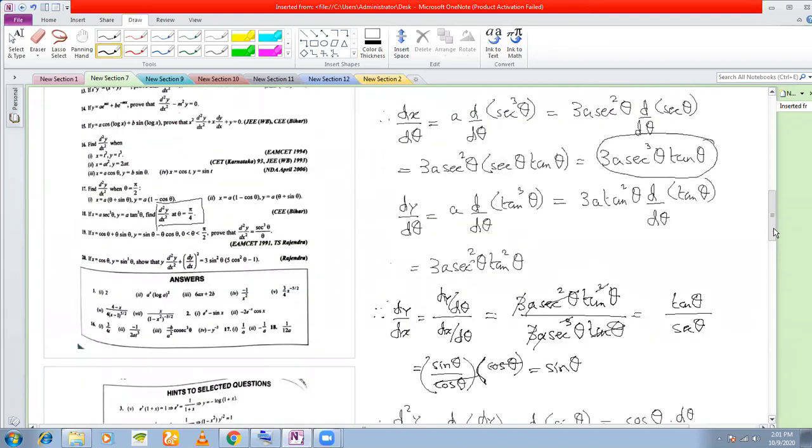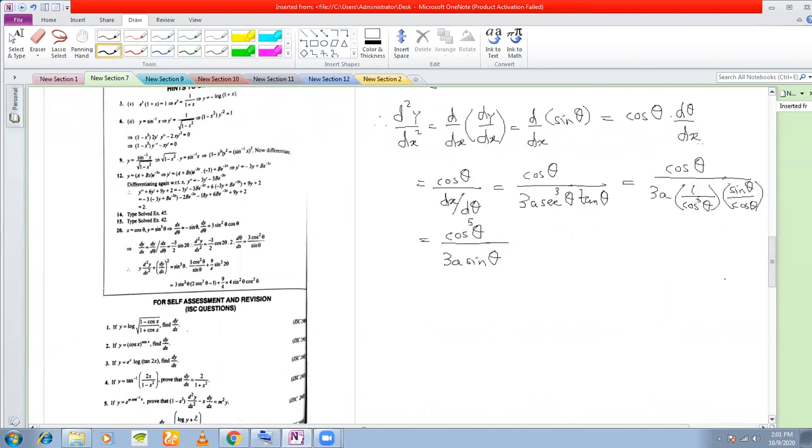But the point here is that they have asked you to find at theta is equal to pi by 4. So we write d2y dx2 at theta is equal to pi by 4. You put theta is equal to pi by 4: cos to the power of 5 pi by 4 divided by 3a sine pi by 4.